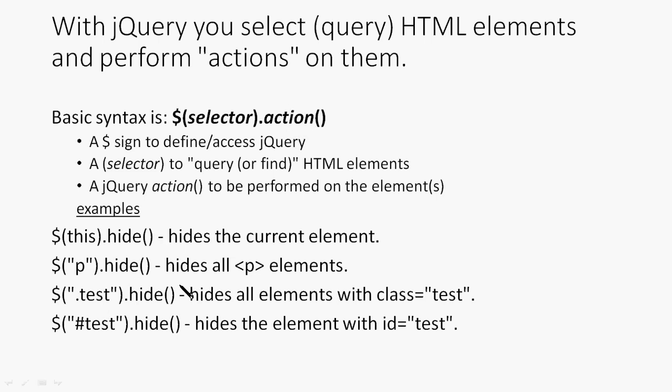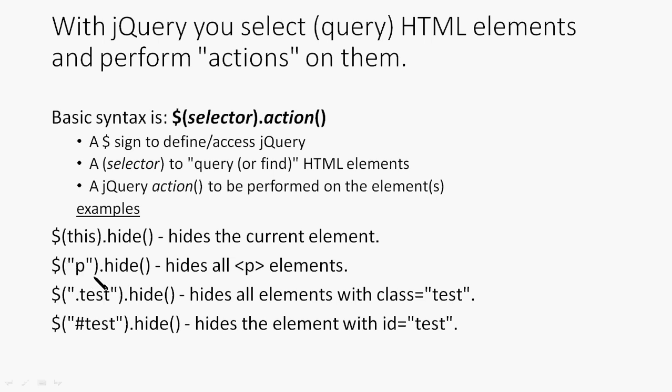For example, I can hide the current element by using $(this).hide(). For example, if I want to hide paragraph elements, I can use $("p").hide(). The dollar sign is used to define or access jQuery. It is mandatory for jQuery, so don't forget to use the dollar sign.